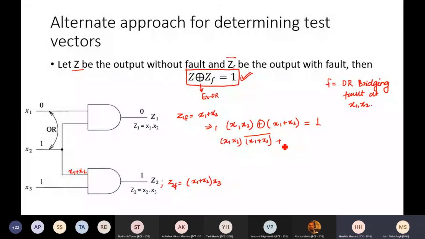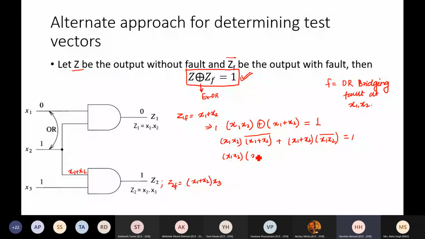Expand this. This will be X1 bar into X2 bar plus X1 plus X2 into X1 bar plus X2 bar, which should be equal to 1. This will never be true.